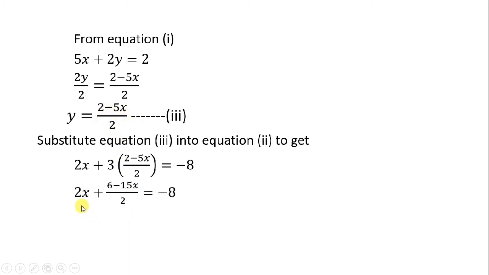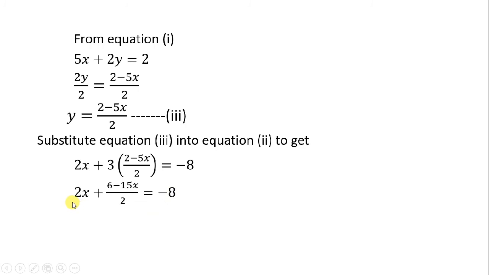From there, what are we supposed to do? We'll expand. So multiply the whole number times the numerator over the denominator. So we are saying 3 times 2 will give us 6. 3 times negative 5x will give us a negative 15x. So we'll drop our 2x plus 6 minus 15x divided by 2 is equals to negative 8.